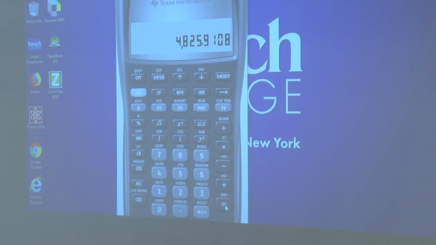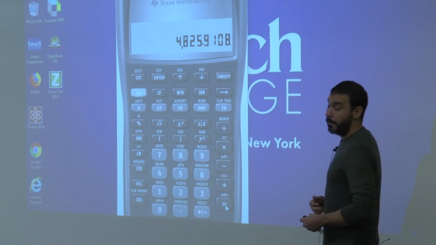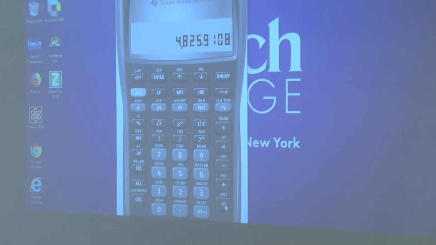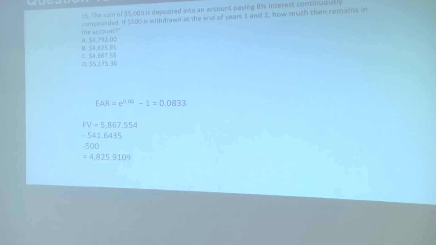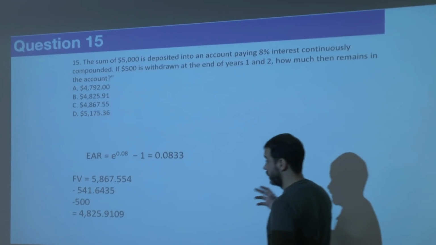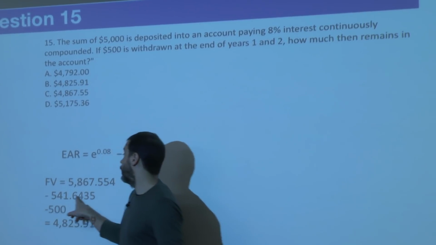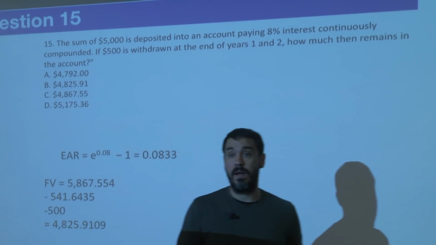And you get the same number. So in the problem, you withdrew 541 and then 500? Nope. I withdrew twice, $500 each time. The reason this is 541 is because it's the future value of that.